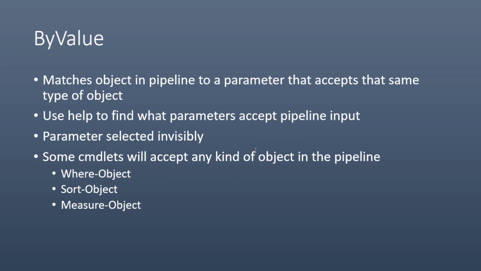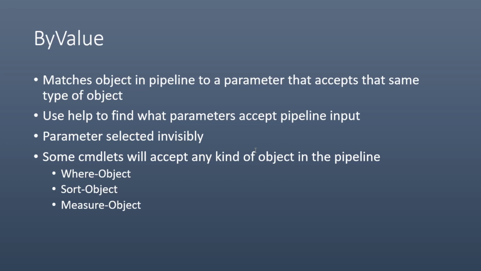Okay, so remember when we looked at and examined the syntax that goes along with help for each commandlet, remember that each parameter accepts a certain type of object. So some parameters might accept integers, some parameters might accept strings, dates, different types of objects, right? So that's what PowerShell is looking to match up.